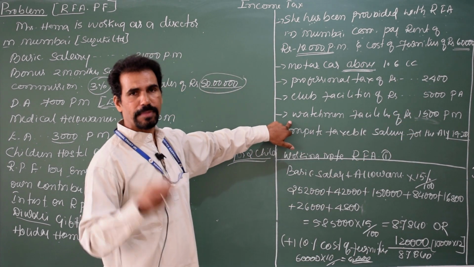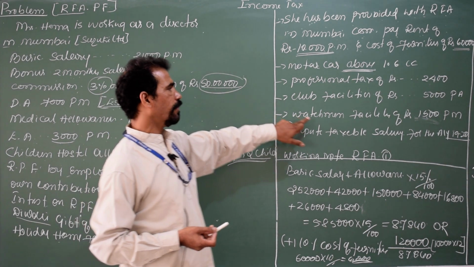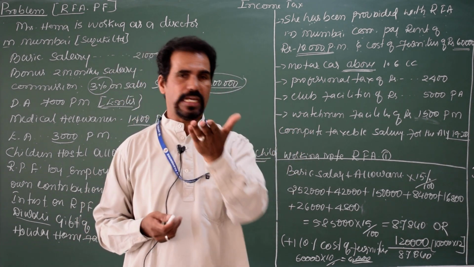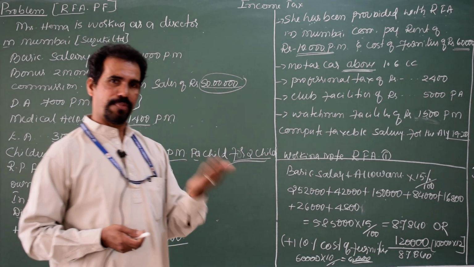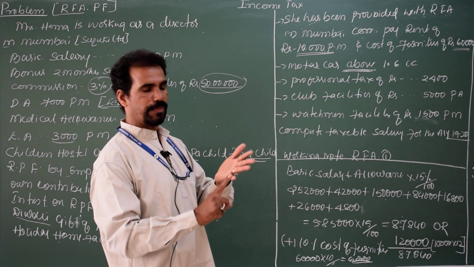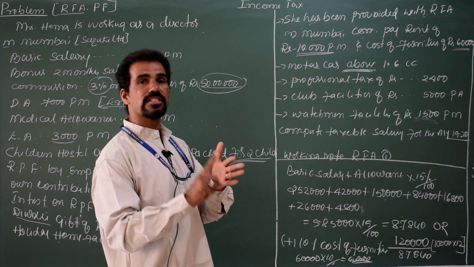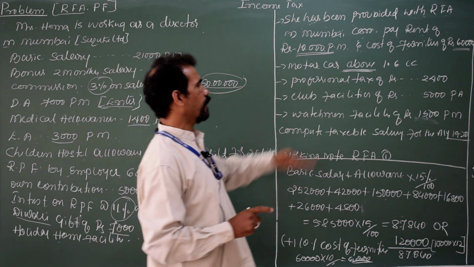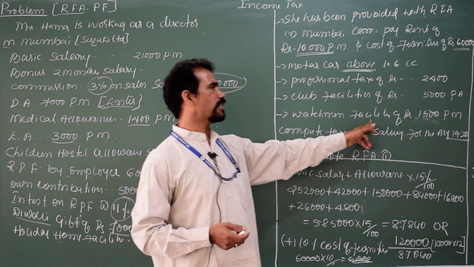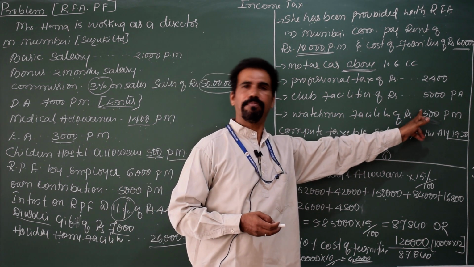Next, watchman facilities: watchman, gardener, cook. It is a benefit provided by the employer to his employee. It is only for the perquisites, whether watchman, gardener, cook or security. All these facilities are provided by the employer. Now he is given a watchman facility of rupees 1,500 per month.